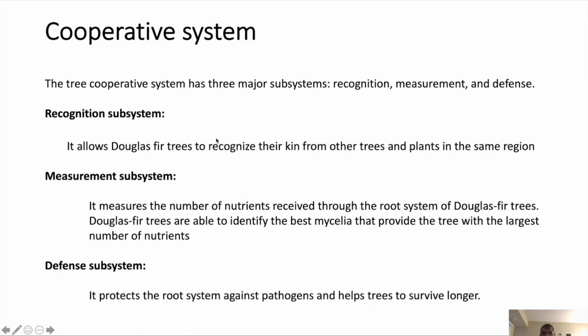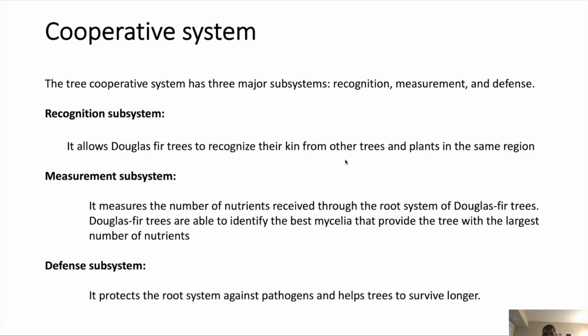We divided the system into three subsystems: a recognition system, a measurement system, and a defense system. The recognition system is to distinguish between the trees in the search area. Douglas fir trees have the capability to recognize their kin from other trees in the same region.